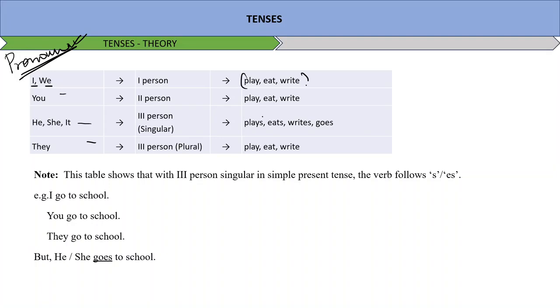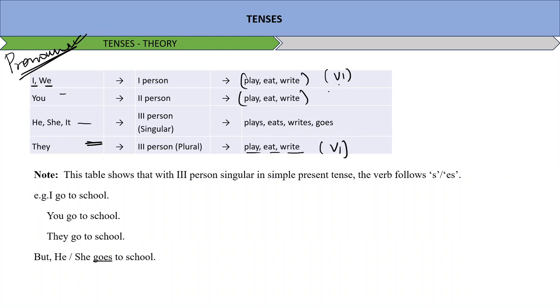Play, eat, write, V1. If it is second person, V1 again. If it is third person singular, plays, eats, writes, goes. But if it is third person plural, it will be again V1. V1, V1, V1 and V5.